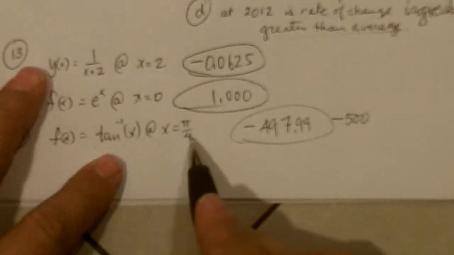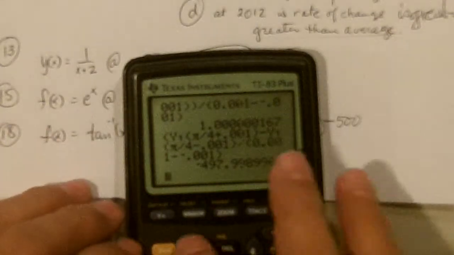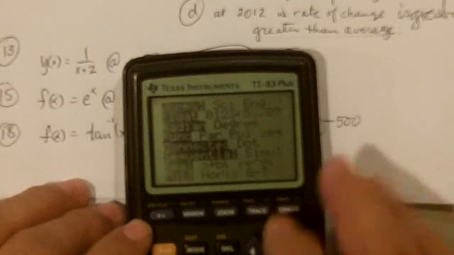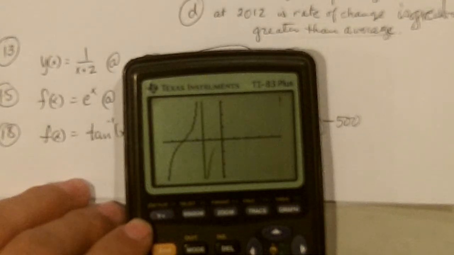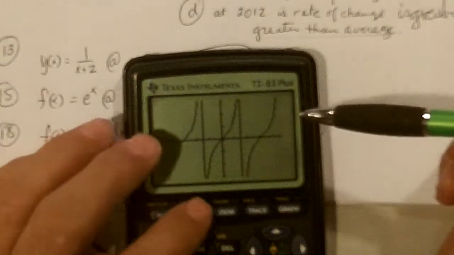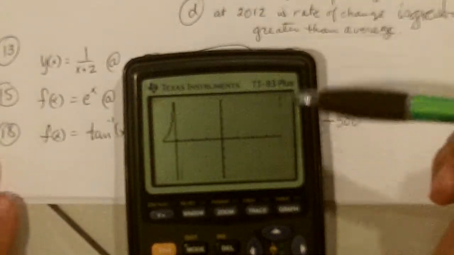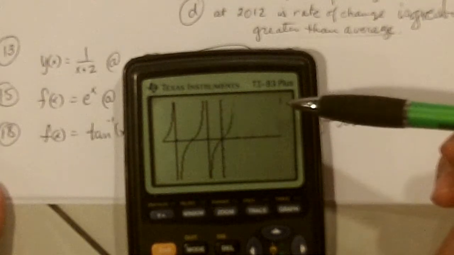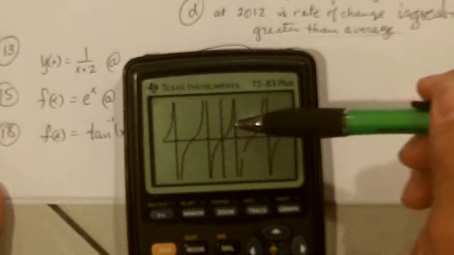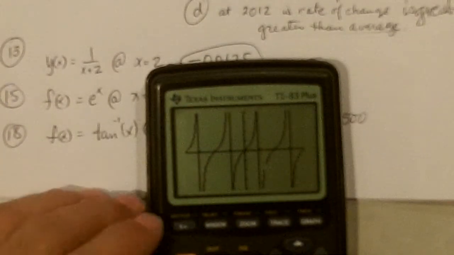And what does tangent inverse look like at pi over 4? Is this mode? Yeah, it's in radians. So let's just graph this thing and see. There's the tangent inverse, and at pi over 4, let's see, window trig, zoom 7 for zoom trig, and pi over 4 is right there, and it's not that big, so there's something wrong. Let me see if I messed up a parenthesis again.